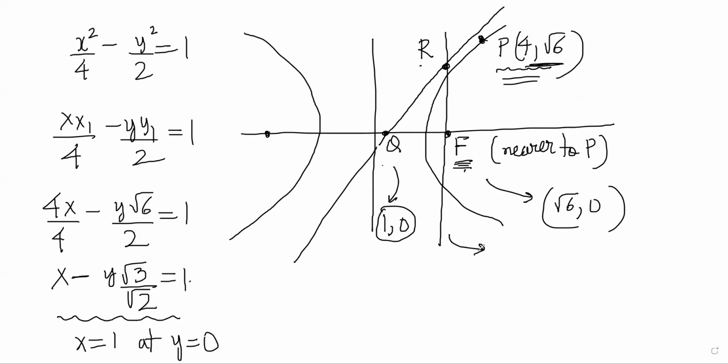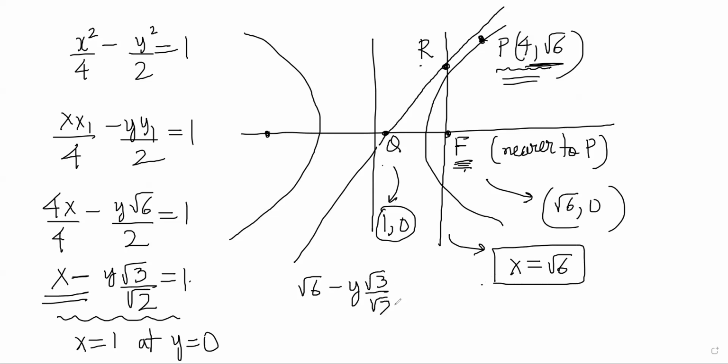Now the equation of the latus rectum would be x is equal to root 6. If you put that in this equation, you get root 6 minus y root 3 by root 2 is equal to 1. So the y value is root 6 minus 1 multiplied by root 2 by root 3, right?